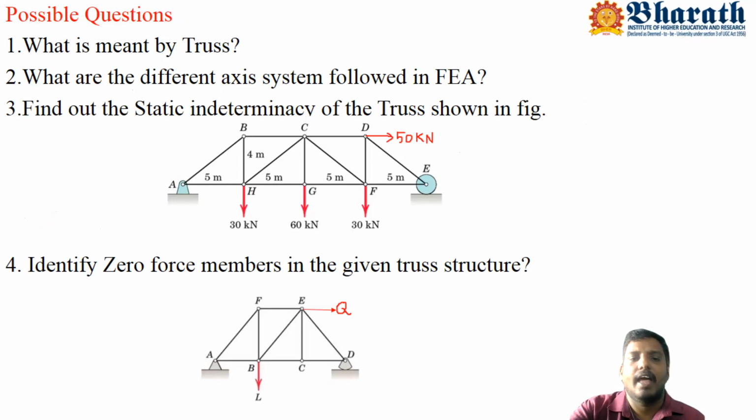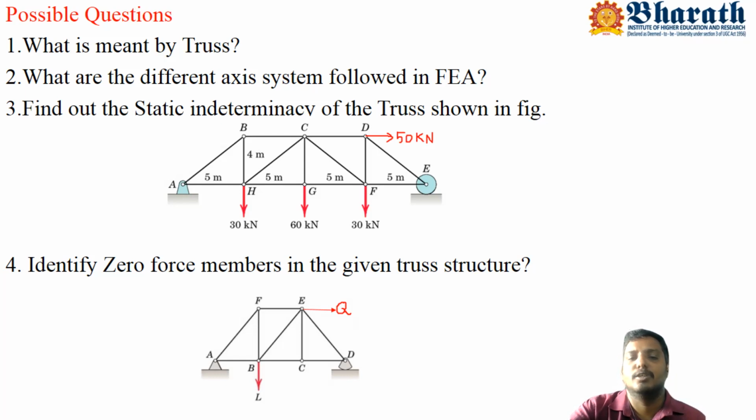And what are the different axis systems followed in FEA? There are three types of axis systems followed in finite element analysis. One is the global coordinate axis system. It means the common axis that can be used to indicate all the elements connected to the structure. Then another one is the local coordinate system.